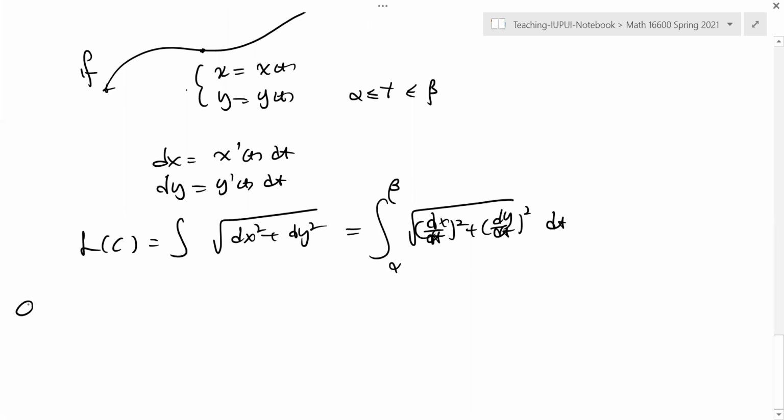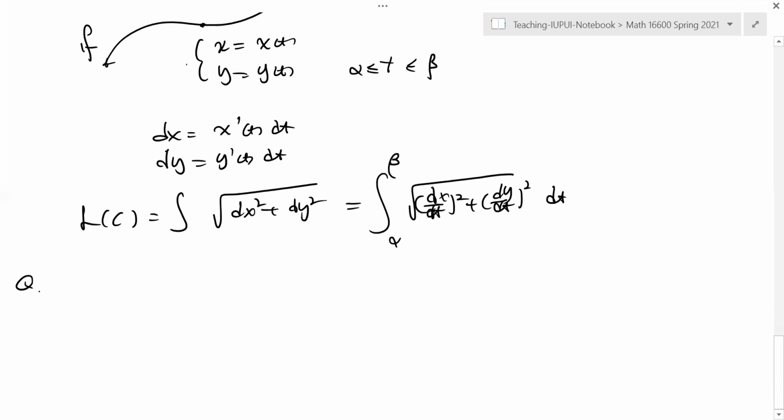Okay, so let's take a look at the length of the curve.